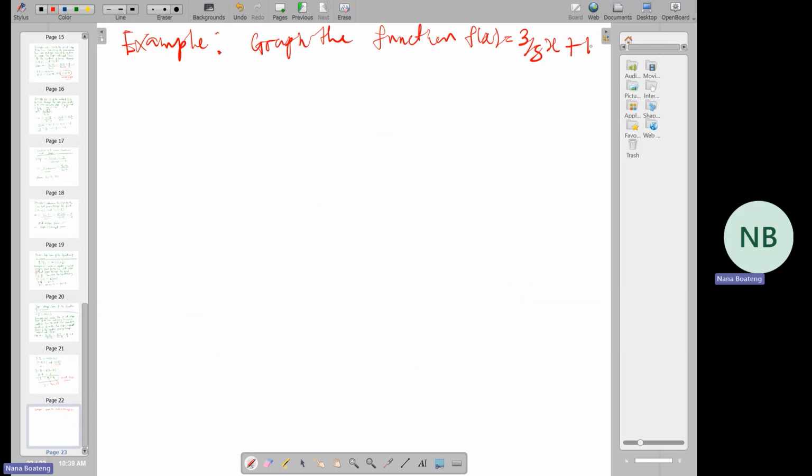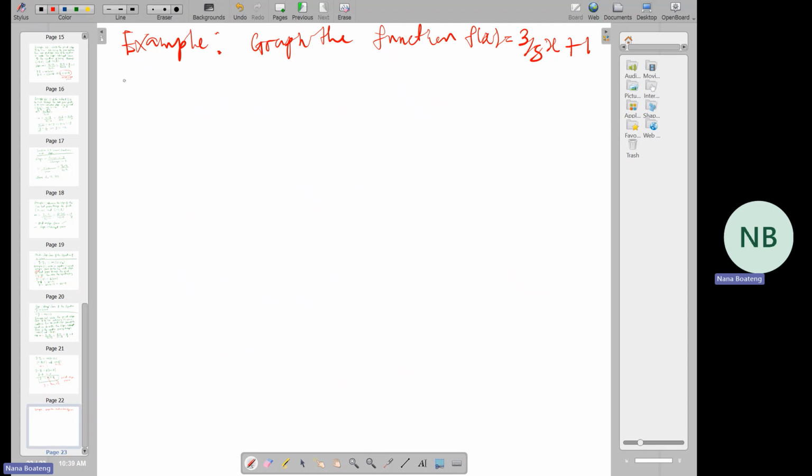And so the steps that we're going to follow in graphing this is first to plot the y-intercept, which will be the point 0, b, which in this case is the point 0, 1.